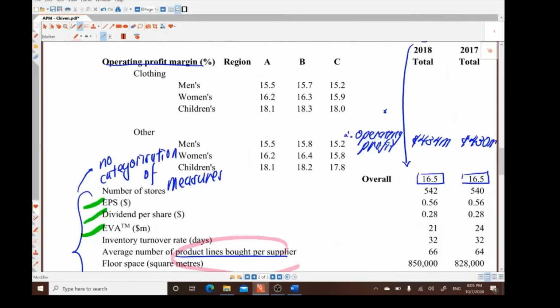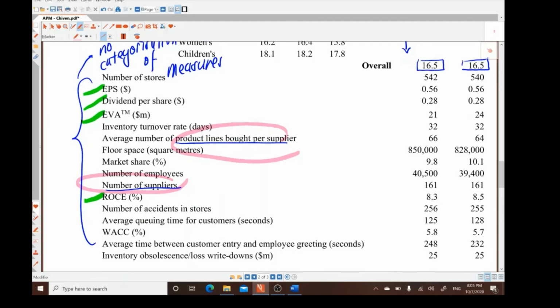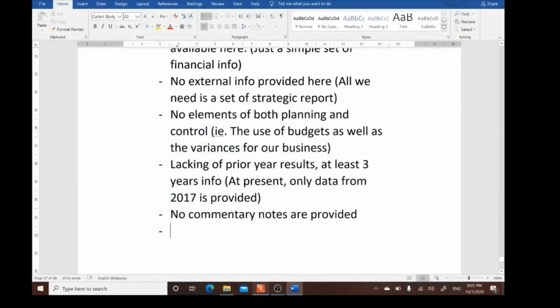Class, that's also one part we will have to comment on. Do you realize that in this set of the report, they are showing you all the measures regardless of whether they are strategic or operational? They show everything here. As a result, let's state there is no categorization of the measures presented in the report.